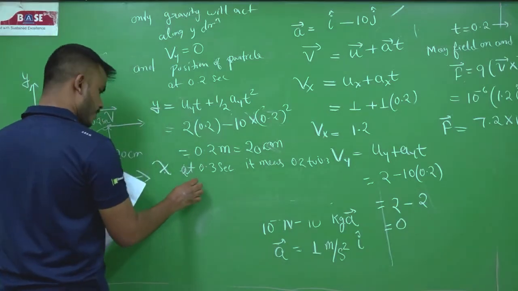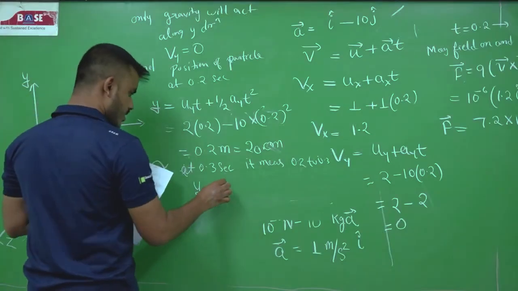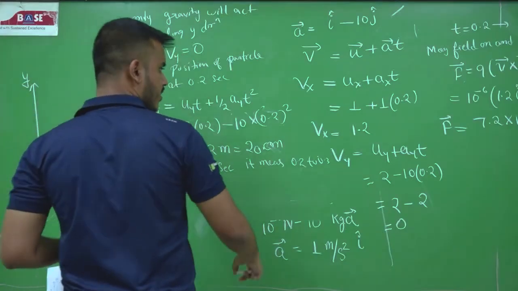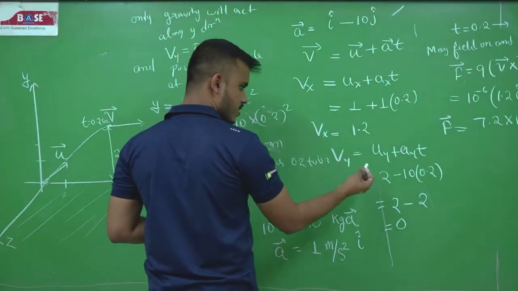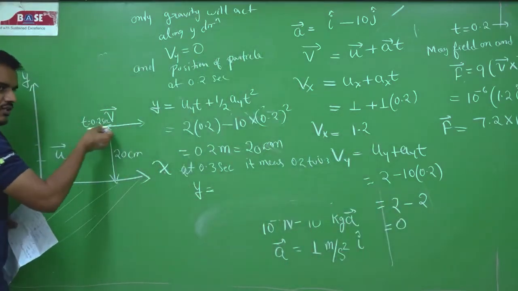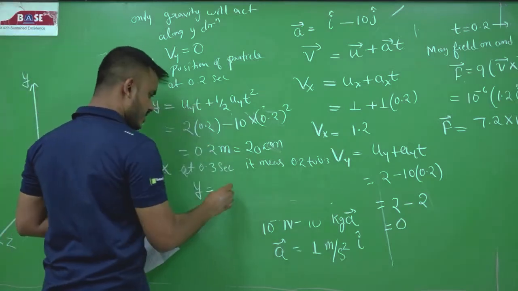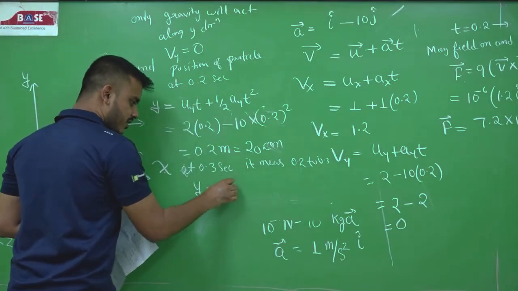So I can write here, along the y direction the displacement y equal to u_y t, what is the u_y finally at 0.2 second? We know that it is 0. So there is no velocity along the y direction.